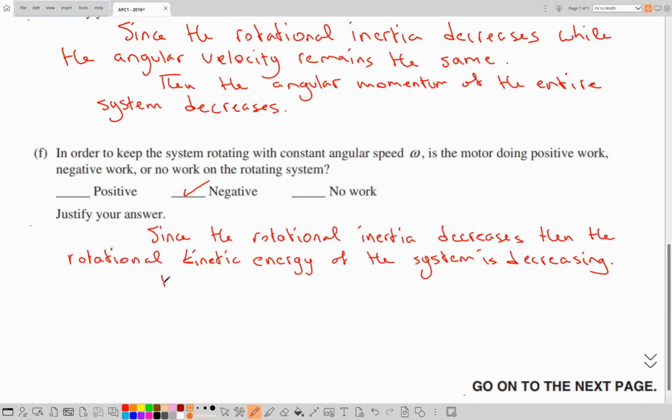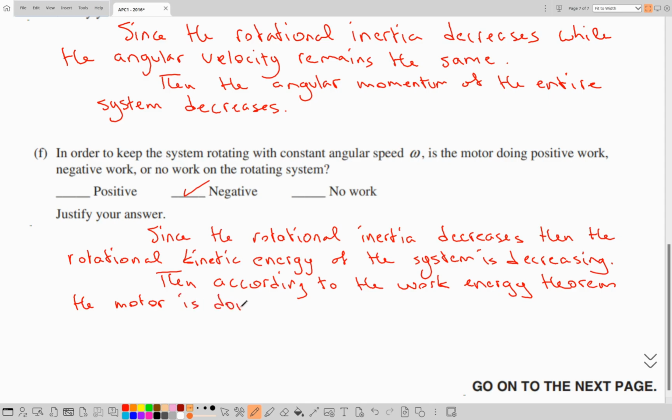Then according to the work energy theorem, the motor is doing negative work.